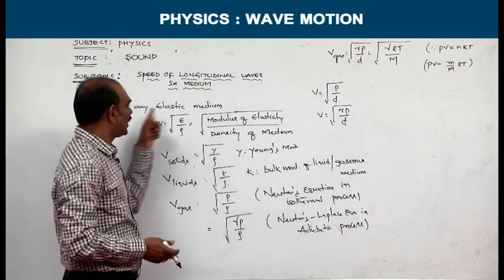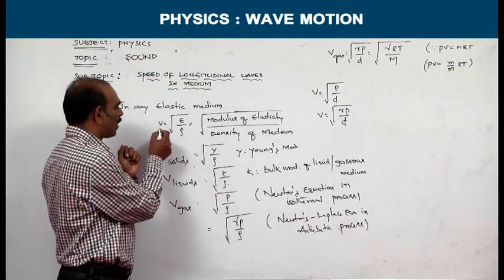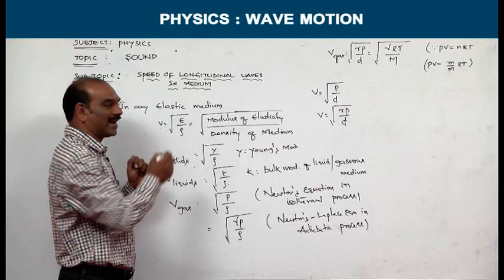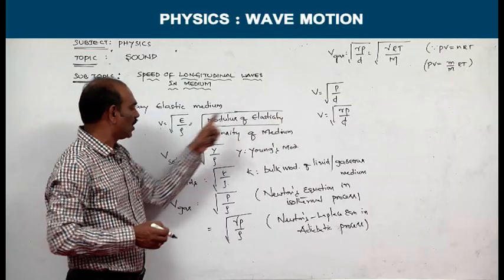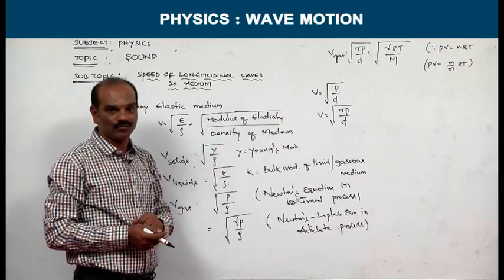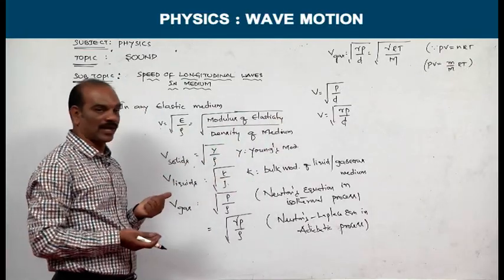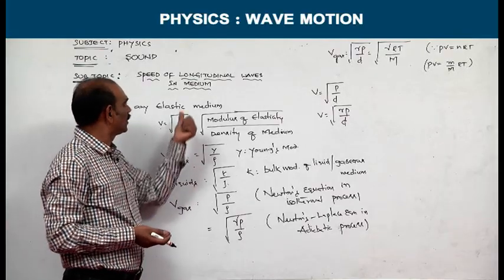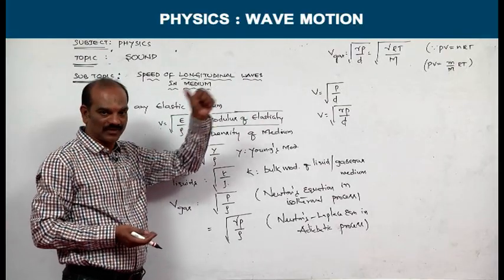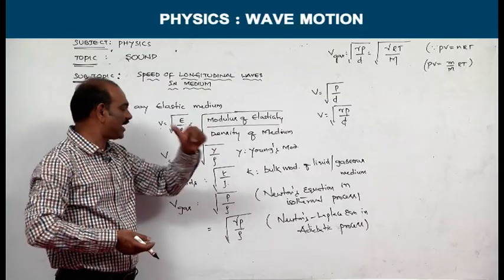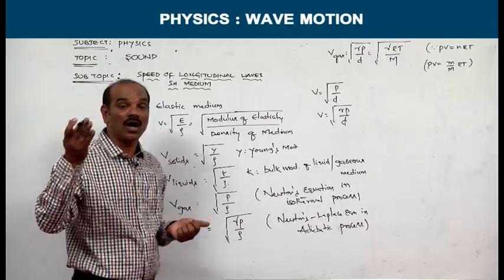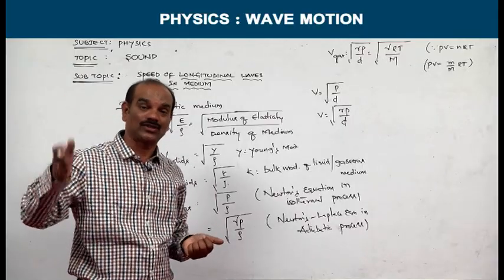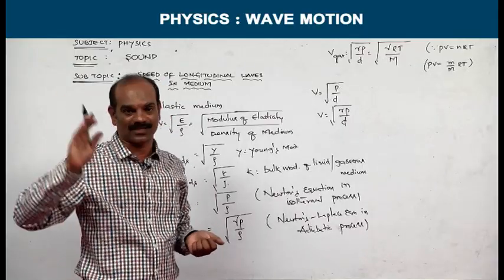Here, in any elastic medium, the basic formula is V = √(E/D) or √(E/ρ), where E is the modulus of elasticity and ρ is the density of the medium. We have various formulae for the speed of longitudinal waves in solids, liquids and gases, because longitudinal mechanical waves can propagate through solids, liquids as well as gases.